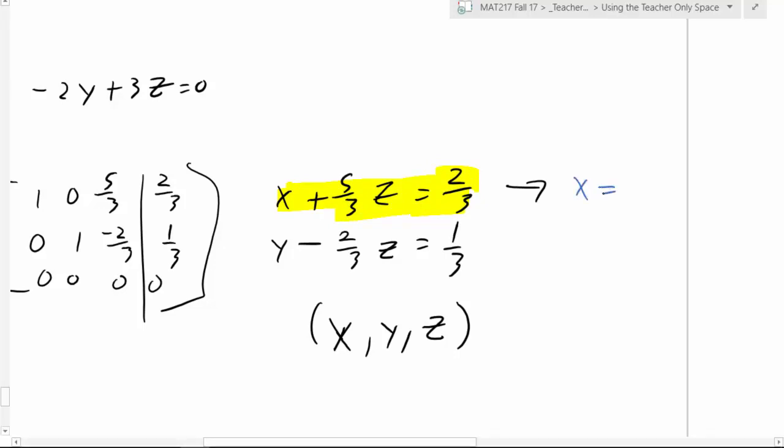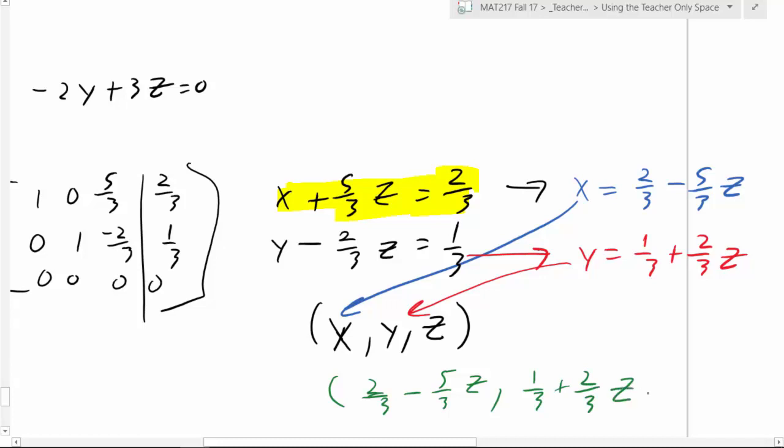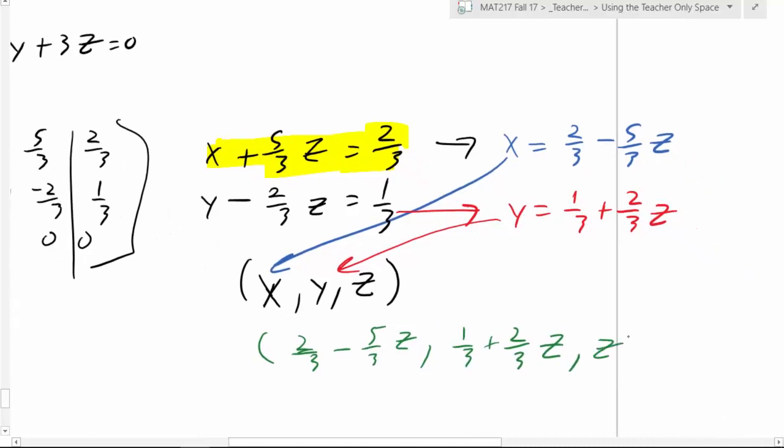I just subtract over the 5/3 z, so that's going to be 2/3 minus 5/3 z. That's what I'm filling in for x. For y, I'm going to add over the 2/3 z, so it's just 1/3 plus 2/3 z. That's what I'm substituting in for y. So therefore my final answer would be 2/3 minus 5/3 z, comma, 1/3 plus 2/3 z, comma, z.